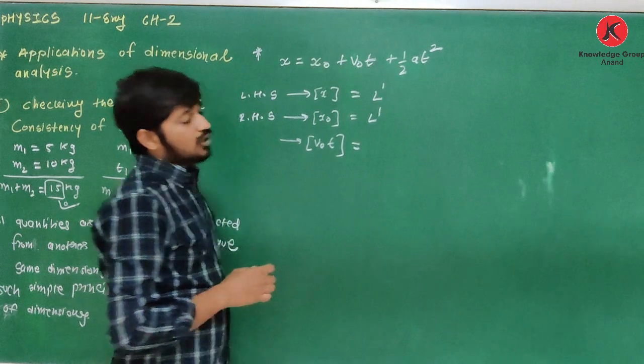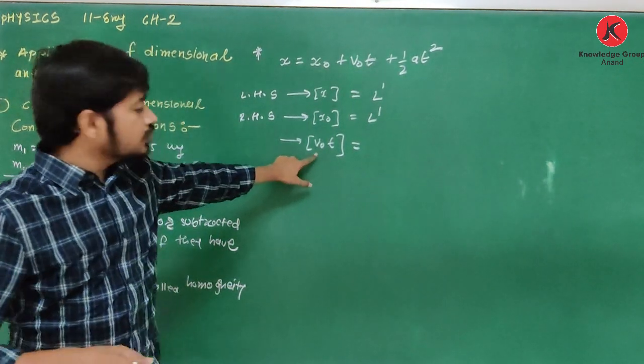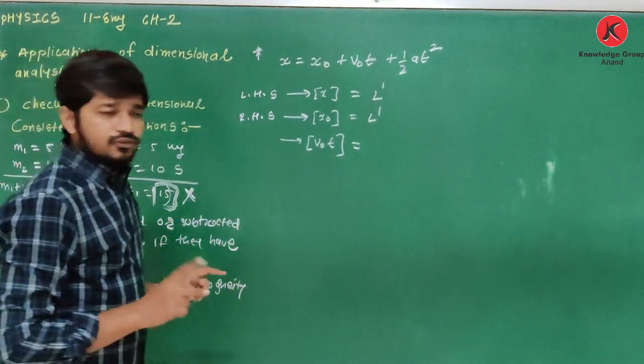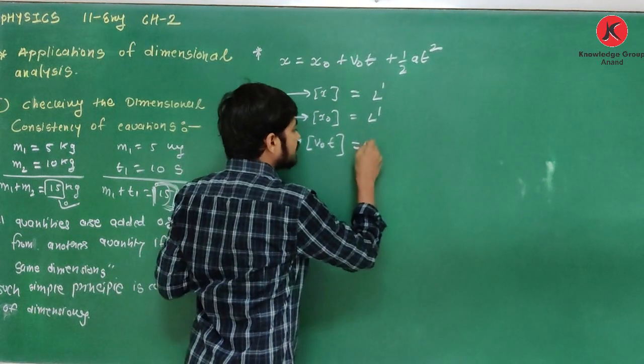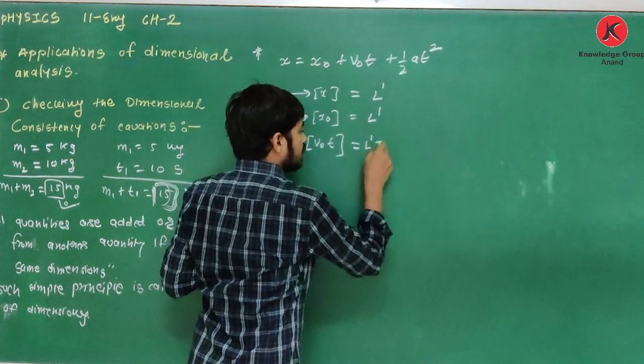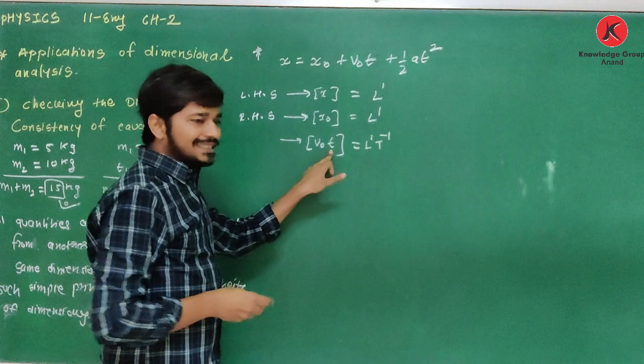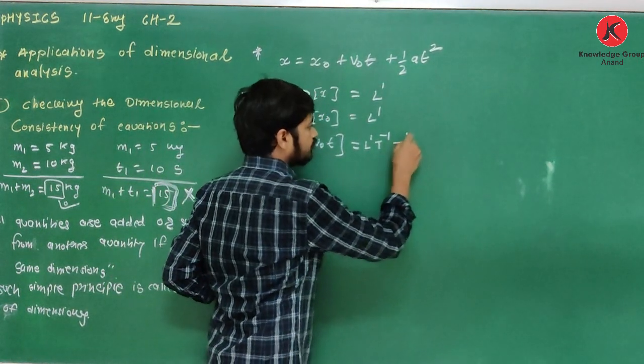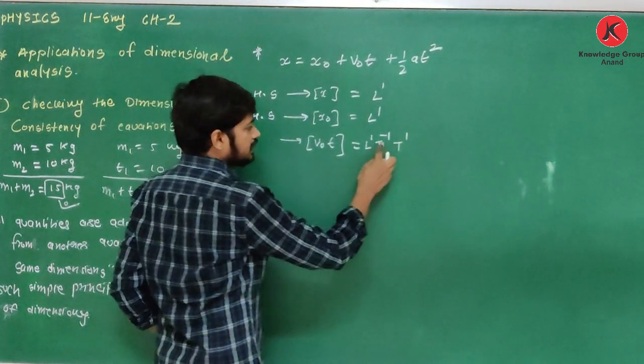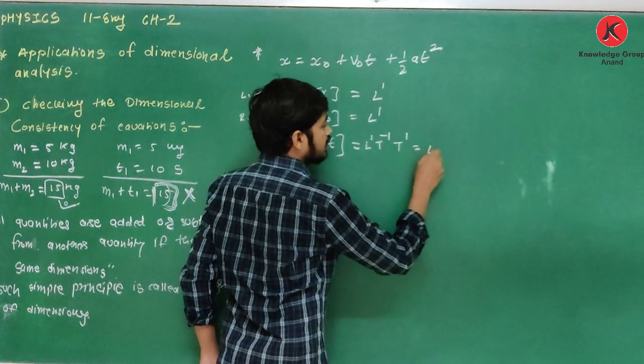How to find the dimensional formula of v0t? v0 is initial velocity, its dimensional formula is L1 T minus 1, and t is time, so its dimensional formula is T1. Simple. So this T minus 1 and T1 cancel, so it is only L1.